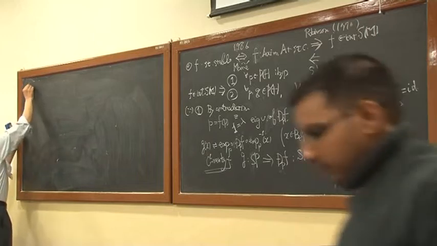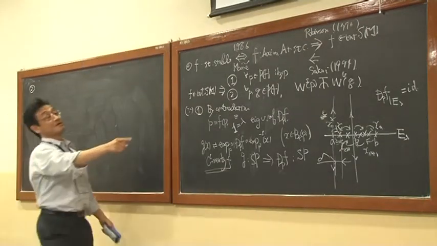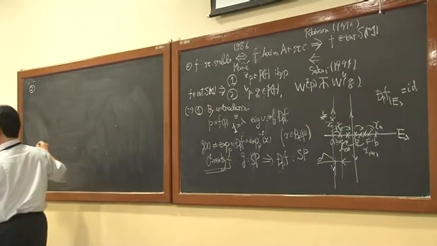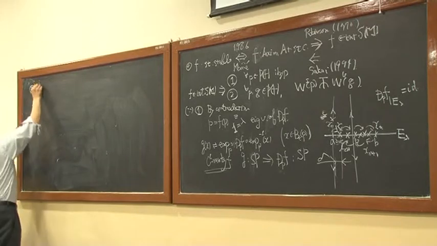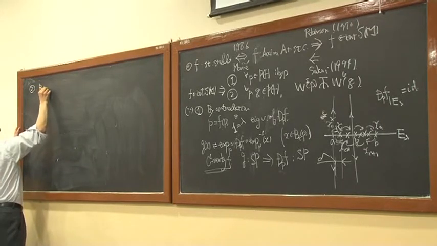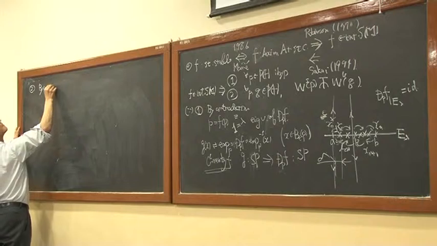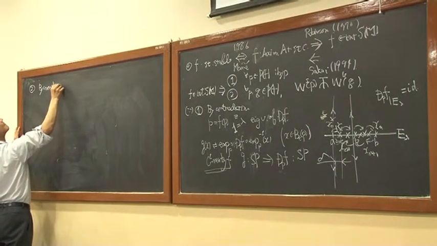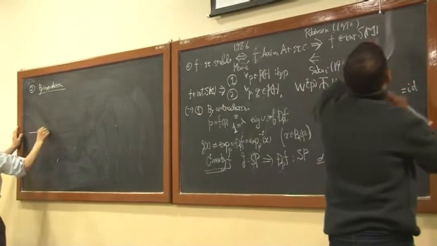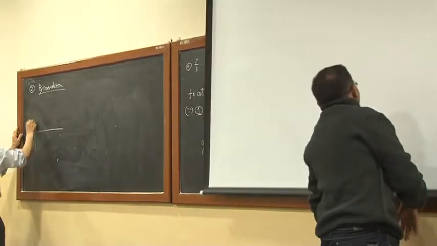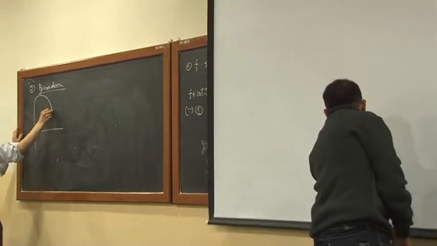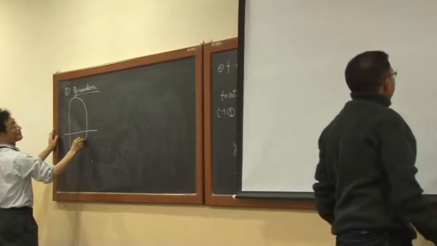Number 2 is the transversality. By contradiction, we consider a simpler case.